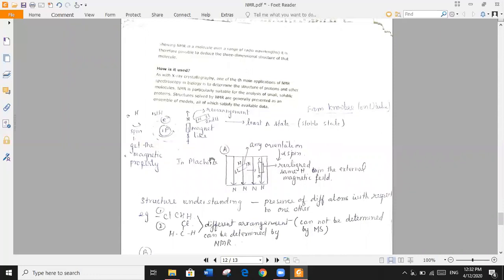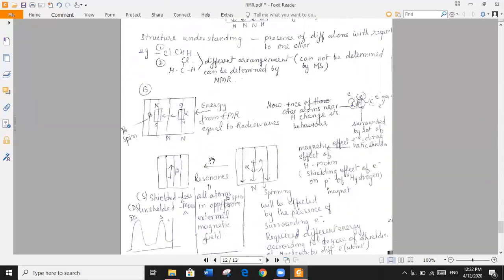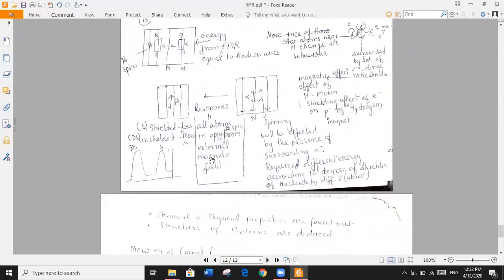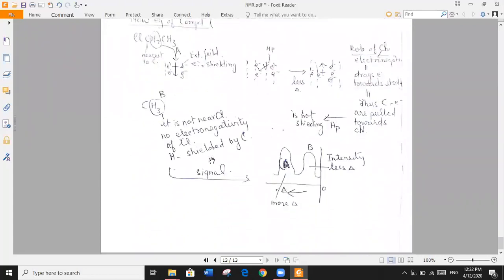With this example, you will understand what is happening in NMR. And this is the example of chemical shift that is also given in the lecture on YouTube. Okay, so this was all for NMR spectroscopy.